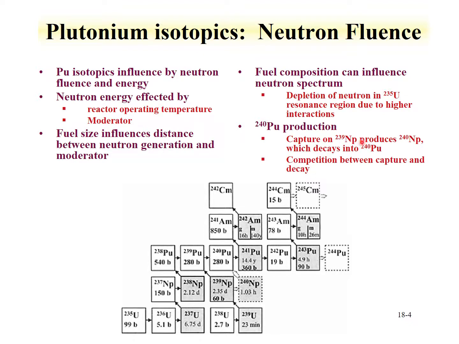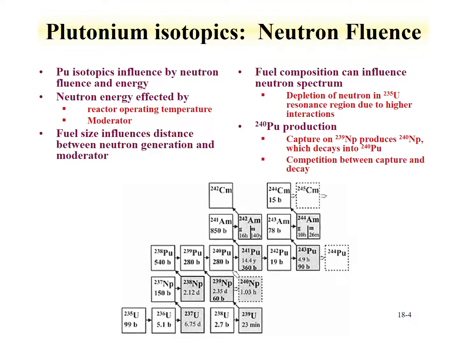As you make plutonium-239, you go through neptunium-239. If you have a high fluence, you may have a higher probability of capturing the neutron onto plutonium-239, creating plutonium-240, and capture on neptunium-239 creating neptunium-240, which will decay into plutonium-240. So this competition between capture on neptunium-239 and decay of neptunium-239 can be an indication of plutonium-240 production.